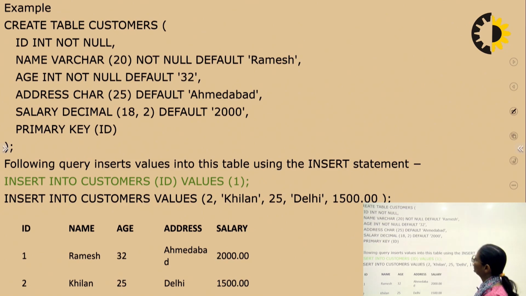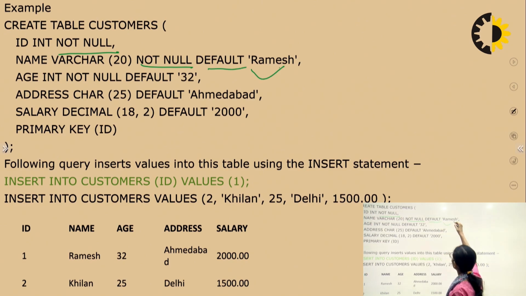Simple example: here we are creating the table with the constraint not null, then name with the constraint, again we have defined. Now in this case I have used two constraints, one is not null and another one is default, and in default I am always entering the name Ramesh.